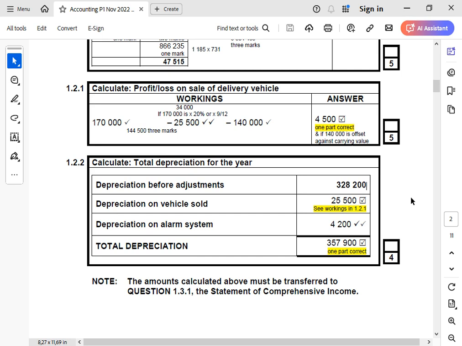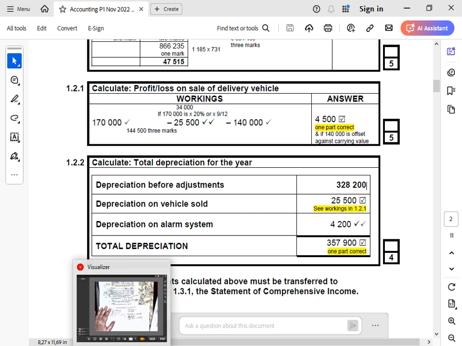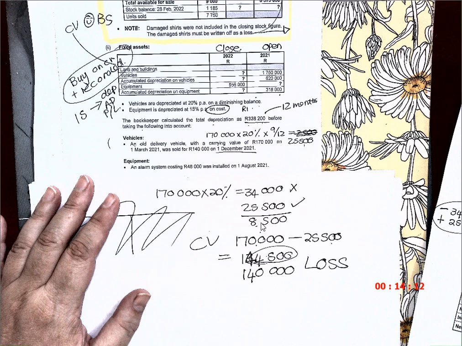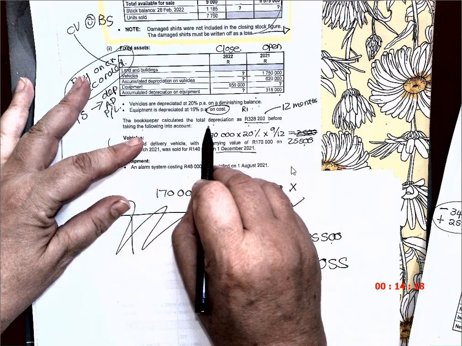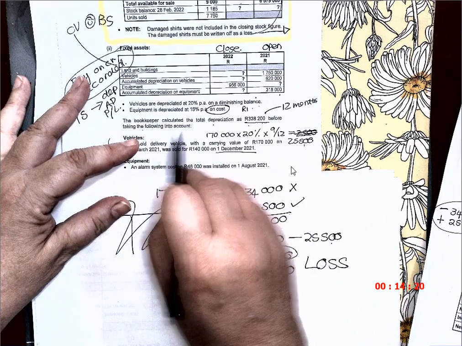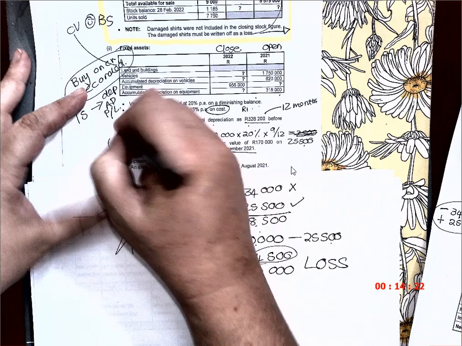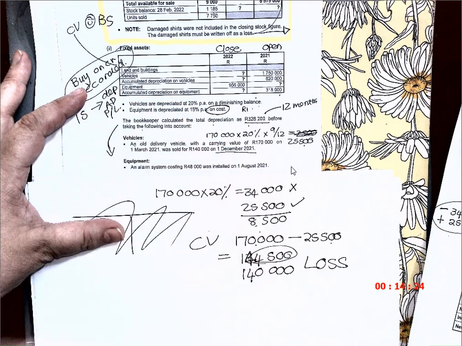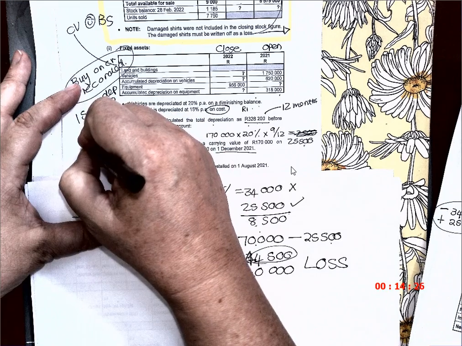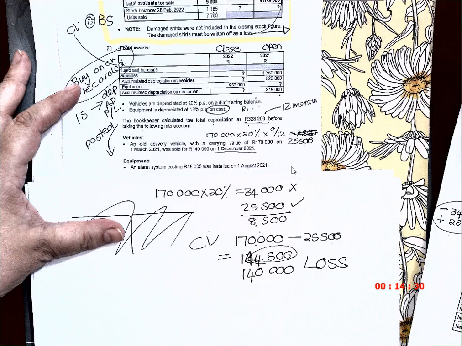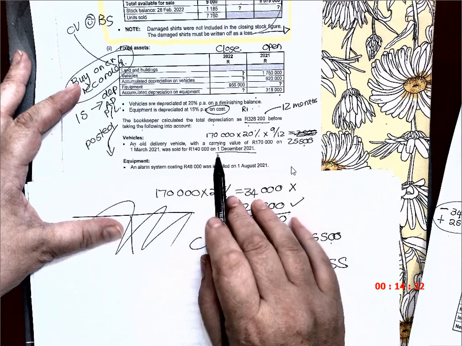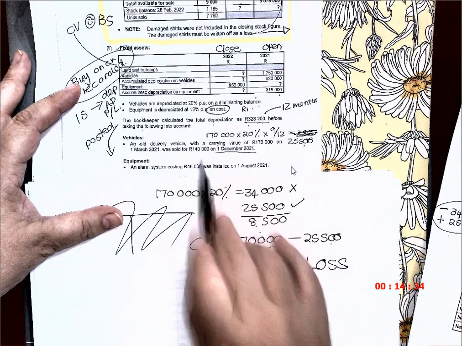So am I right in saying that the way they did the memo, where they say the bookkeeper calculated the total depreciation before taking the following into account, it actually means that these things were not posted? But then I have a second question: did we buy it on credit or whatever?